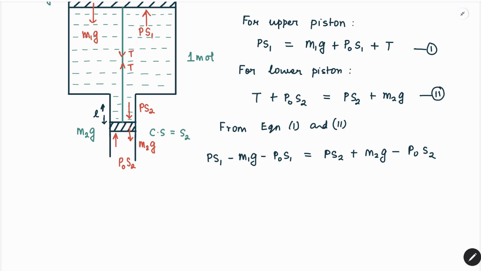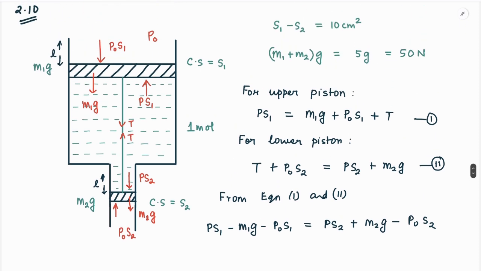So this is the expression which we can write. Now again, we are given that the difference in area S1 minus S2 is 10 centimeter square, and this parameter which we mention as delta S is given in the problem.